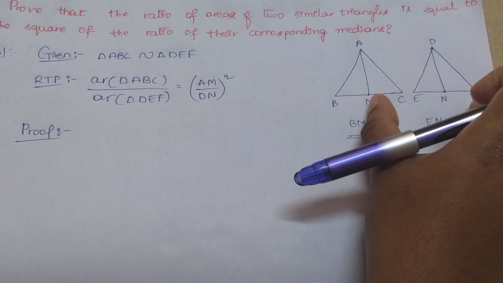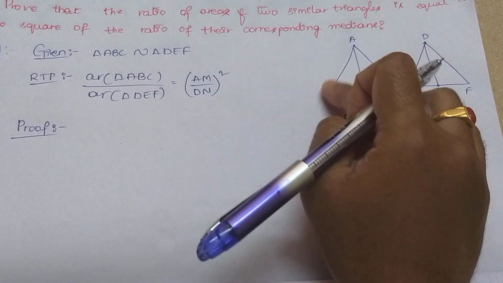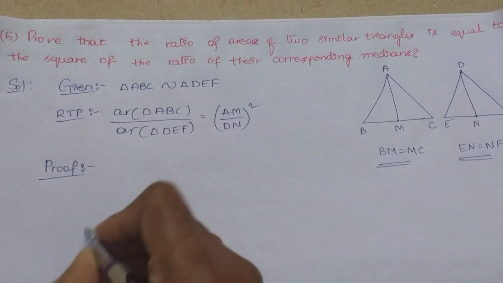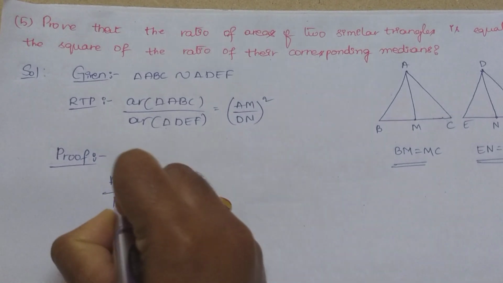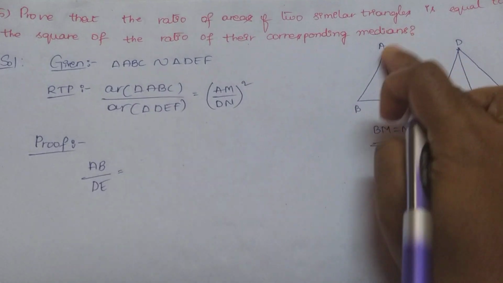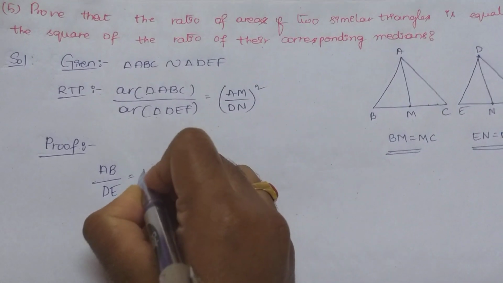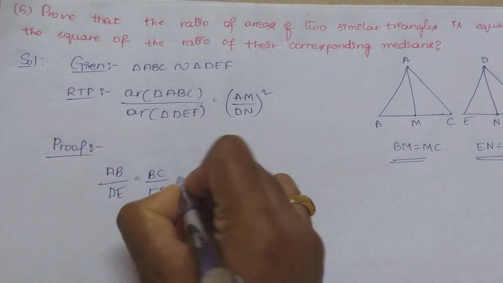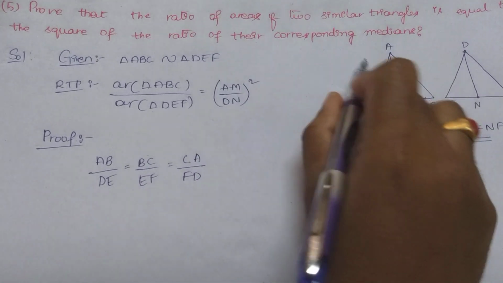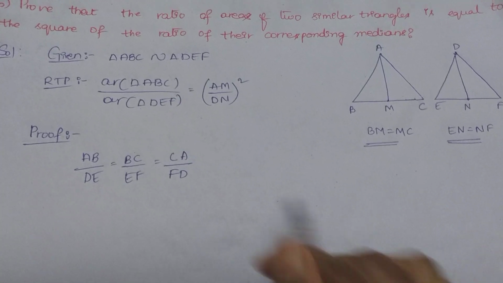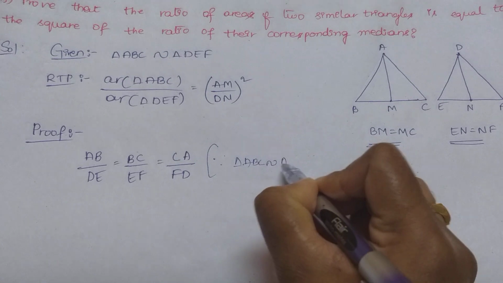If these two triangles are similar, as per the principle of similarity, their sides are proportional. So write the same thing here. AB by DE equals BC by EF equals CA by FD, since triangle ABC is similar to triangle DEF.